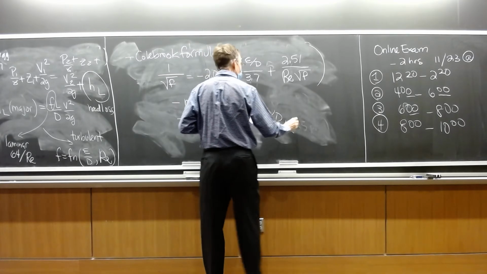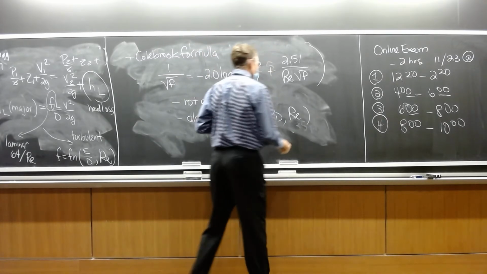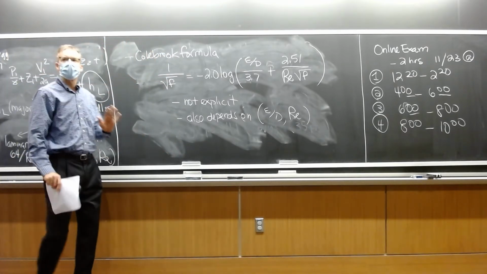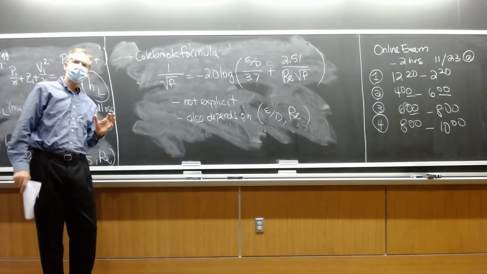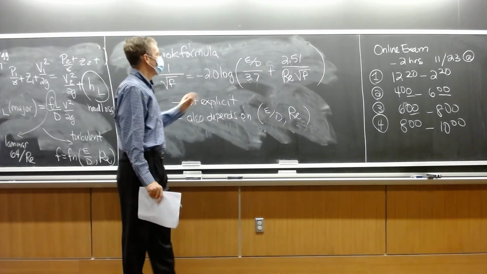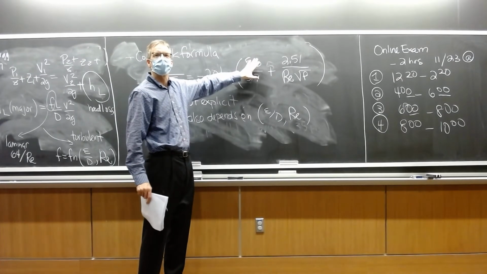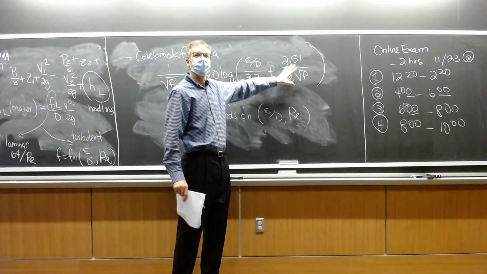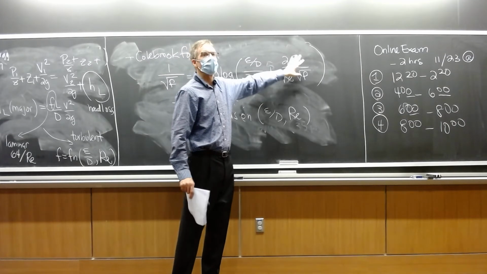In addition to that, there are these two dimensionless numbers that you need to know. If this is small, if it's smooth, then this term goes away, and if this is large, then this term goes away.